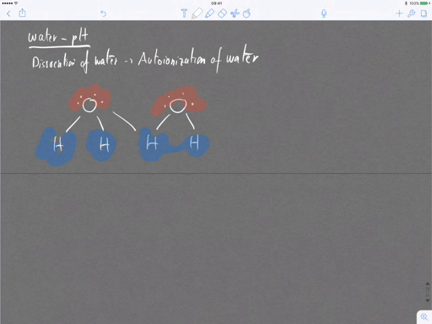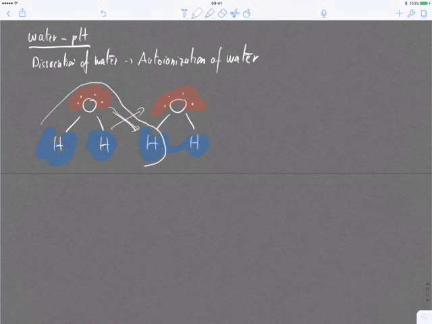So this part will be attracted to this one and vice versa. But sometimes there's not only attraction. One molecule will be close enough, the oxygen will be close enough, to grab this hydrogen out of the other water molecule and auto-ionize the water.